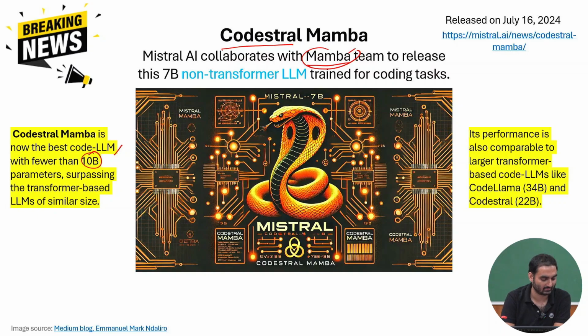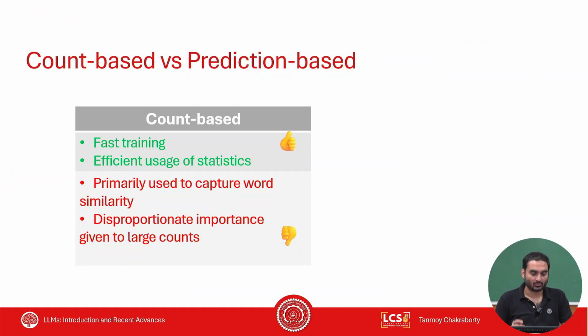It's a small language model in that sense, and it shows quite comparable performance with respect to other models like CodeLlama and other bigger models. If you're interested, this is the link that you should look at. This was released on July 16, very recently. Okay, so let's now proceed.